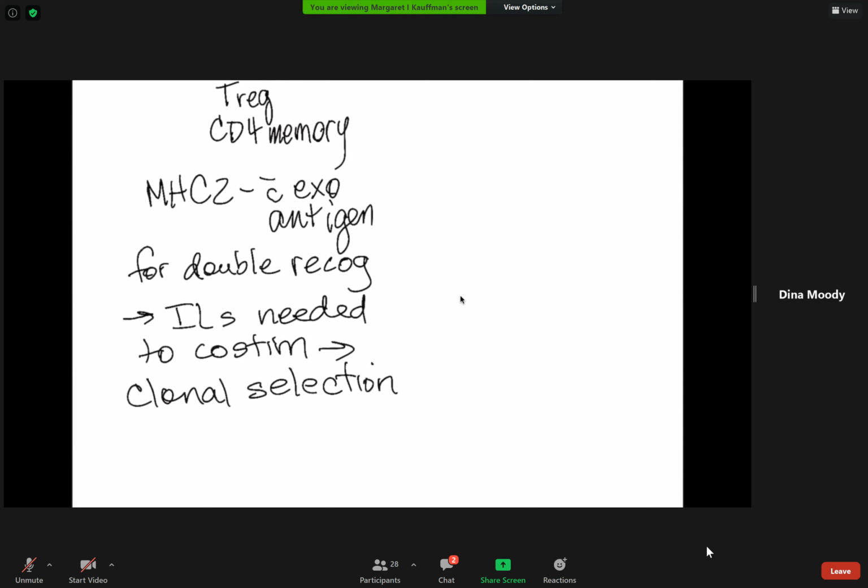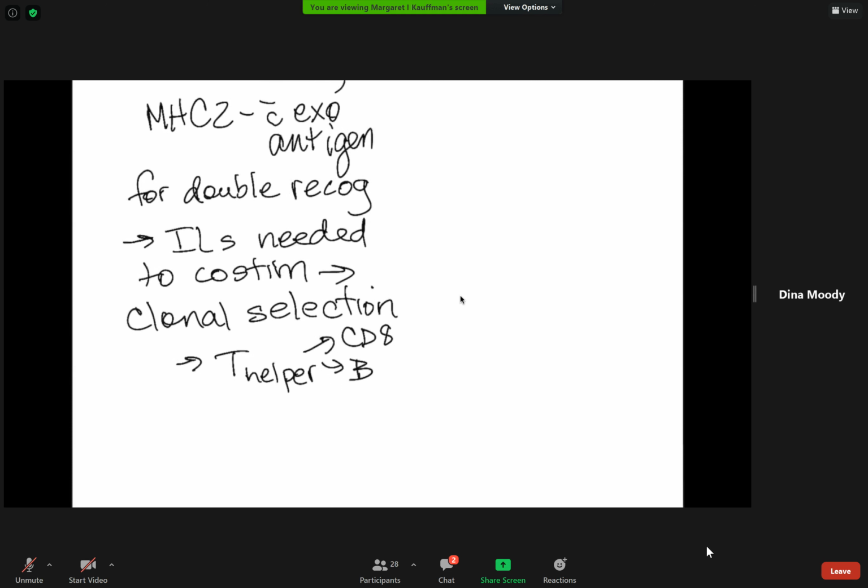The helper T cells are required for the activation of both CD8 and B cells. Activation of the CD8 T cells results in the production of memory cells and cytotoxic T cells. When the CD8 meets the MHC1 and self-antigen presented by a dendritic cell, double recognition occurs.